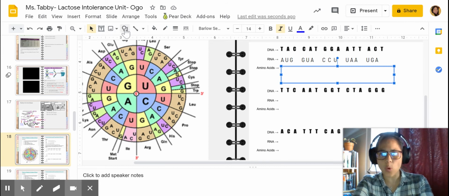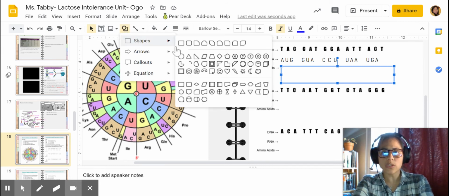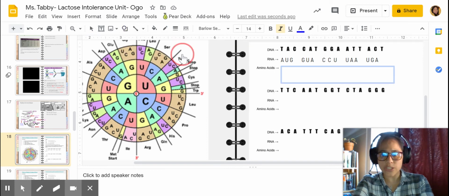That's kind of important. So I'd like you to insert a shape, circle met start on the chart, if it'll let me.